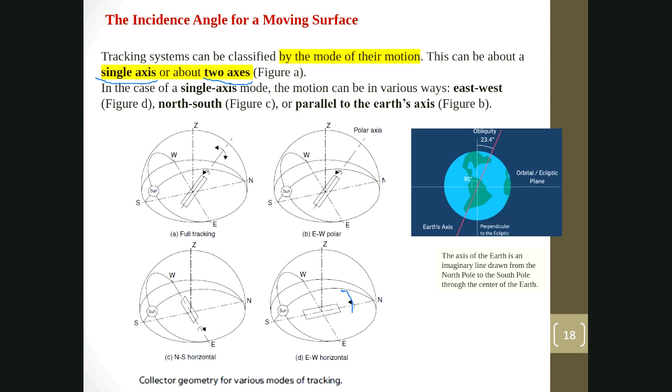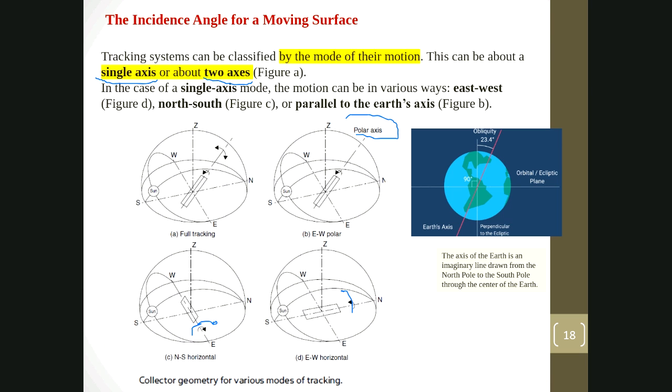This is the second position, where we make the surface track the sun from east to west. However, the surface axis will be located parallel to the axis of the Earth, or what we call the polar axis.